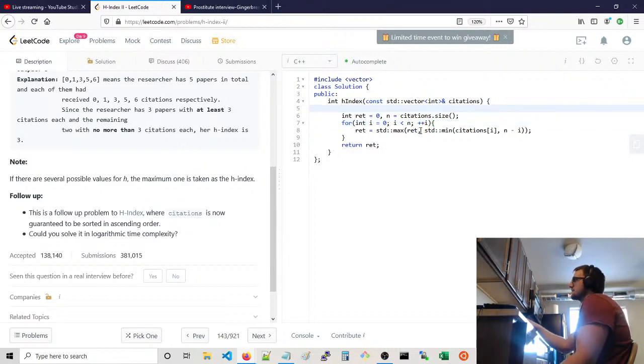These values are not necessarily in non-decreasing order, actually, because those numbers could be all over the place, but your h value is sort of non-decreasing as you move from left to right.